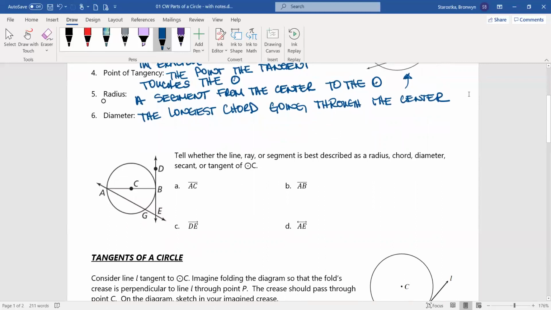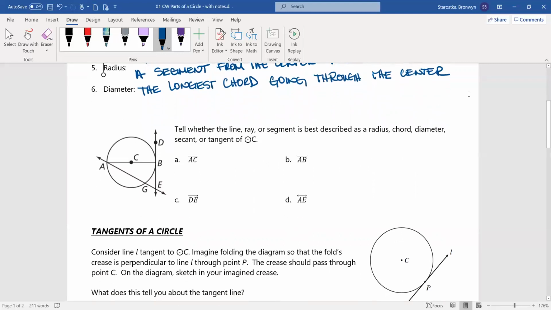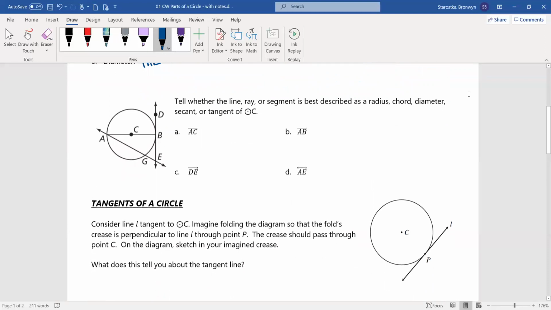All right, tell whether the line, the ray, or the segment is best described as a radius, chord, diameter, secant, or tangent of the circle. So segment AC, right here, is a radius.